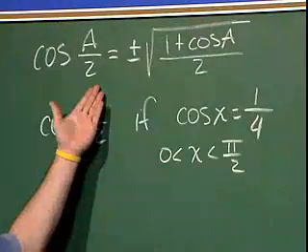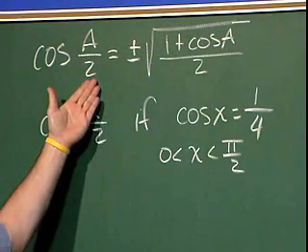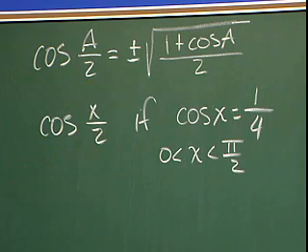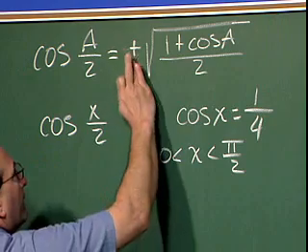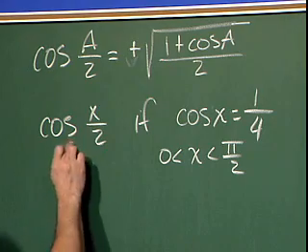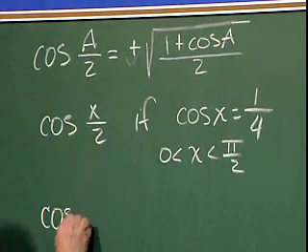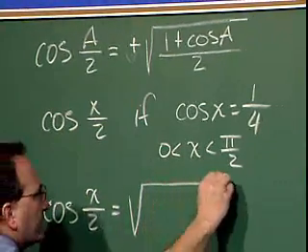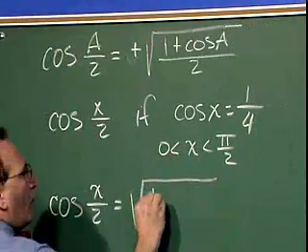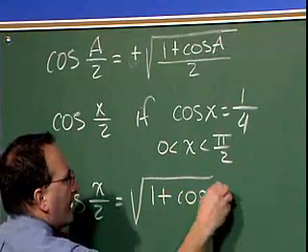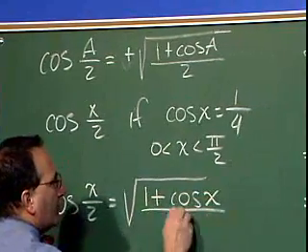I have our half angle formula here that we're going to use. Cosine of a over 2 is equal to, in this case, we'll take the plus, the square root of 1 plus cosine a over 2. So what we're looking for is the cosine of x over 2, and that's equal to the positive root, because it's in quadrant 1, of 1 plus the cosine of x all over 2.